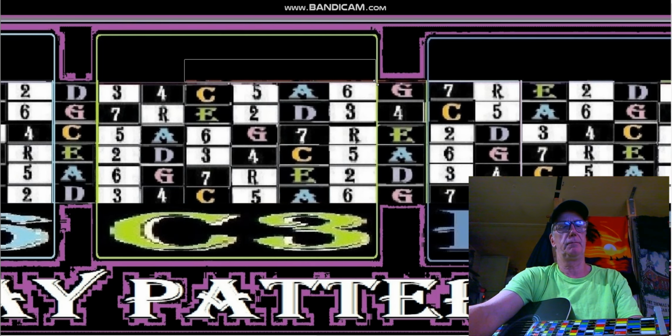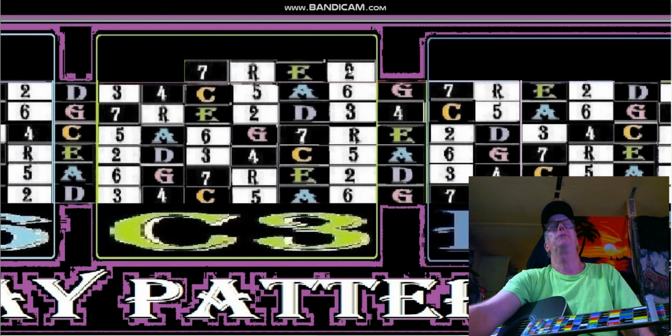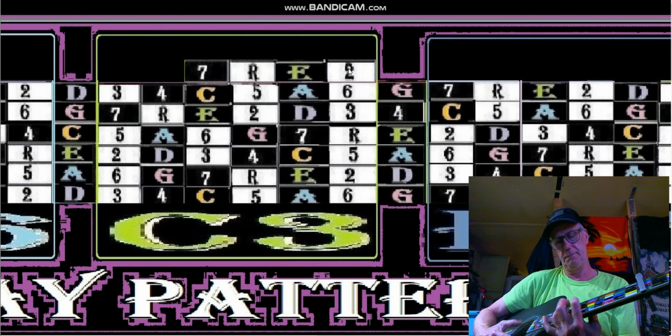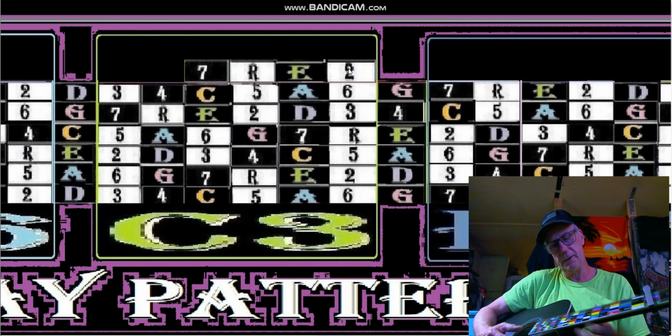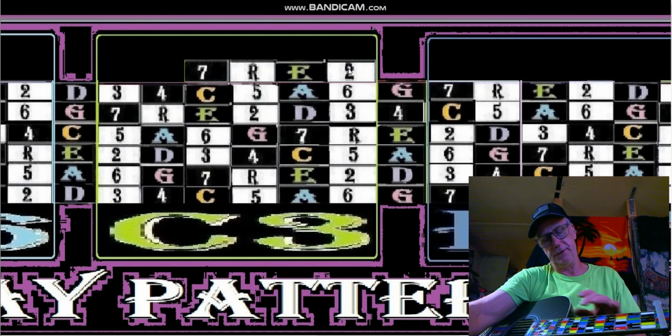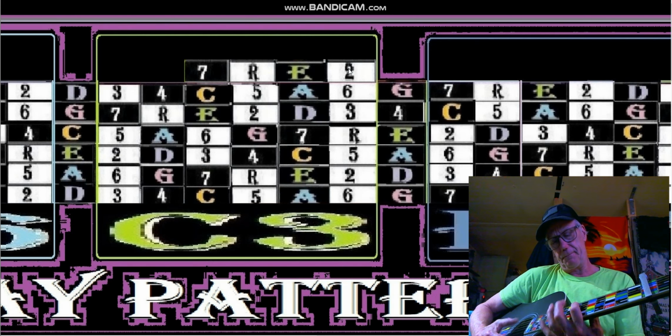Imaginary string there. That's your Locrian build, 7, root, 2. Okay, a little mistake there on the top, but that's okay. So that's basically your Locrian scale.